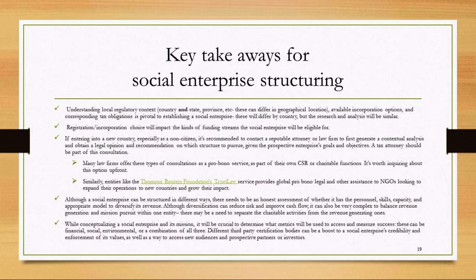And lastly, while conceptualizing a social enterprise and its mission, it will be crucial to determine how you actually measure your success. What does success look like? What does that impact? What does it mean in terms of financial metrics, in terms of social and environmental ones? Are they clear? Can you easily measure them? If so, how do you do it?